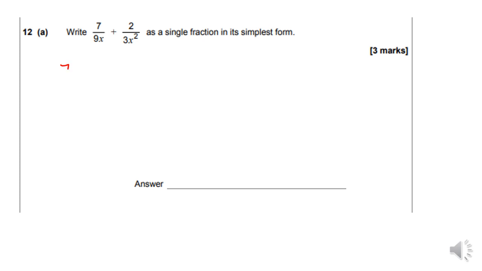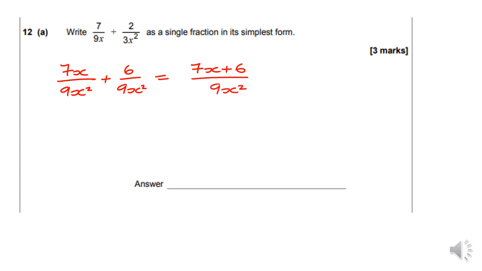If we multiply top and bottom by x, we get 7x over 9x squared. And then we multiply the other one by 3, we would get 6 over 9x squared. Add them together, you get 7x plus 6 all over 9x squared.